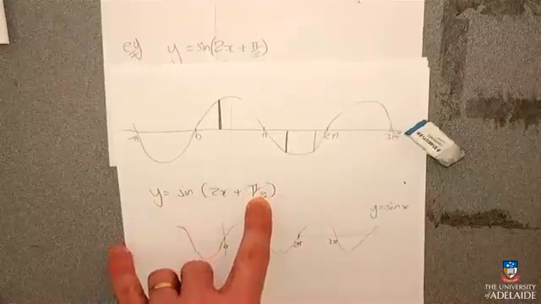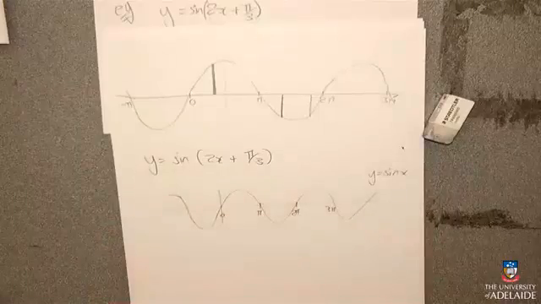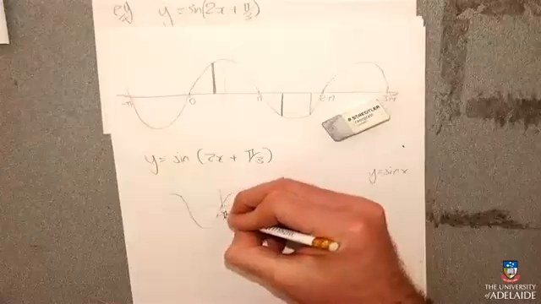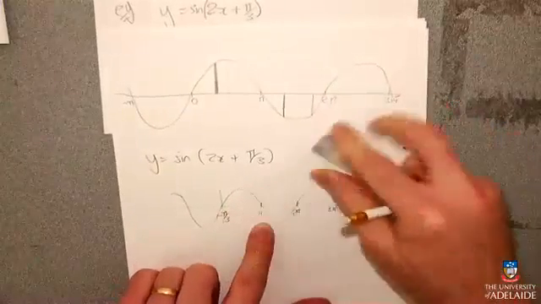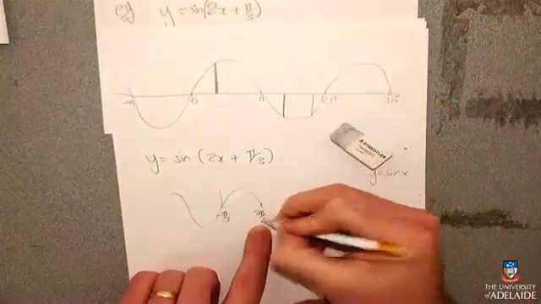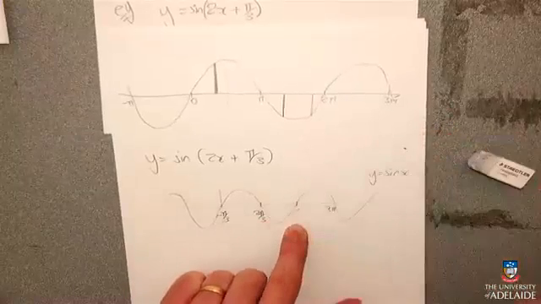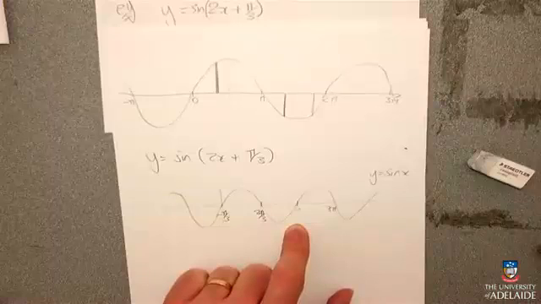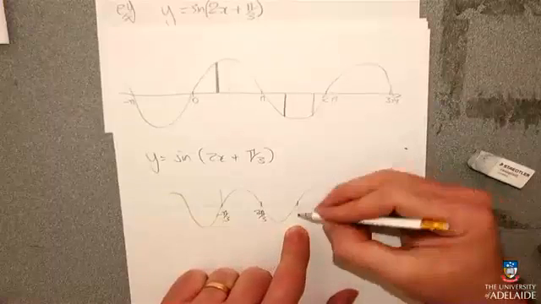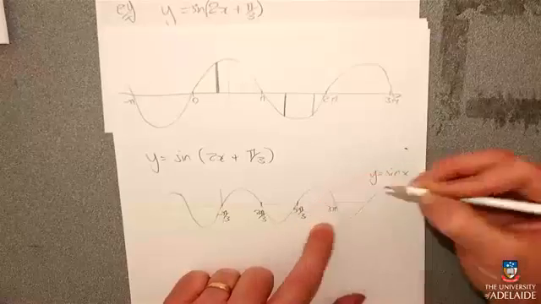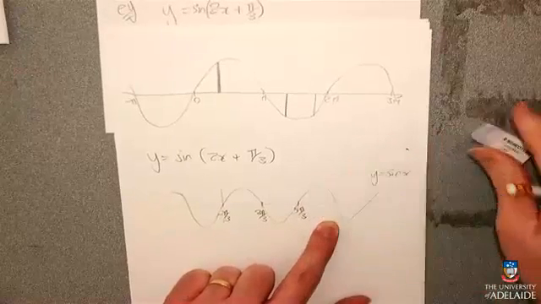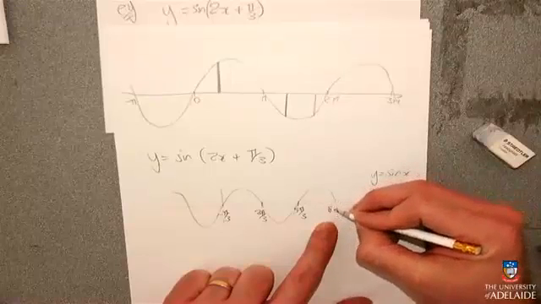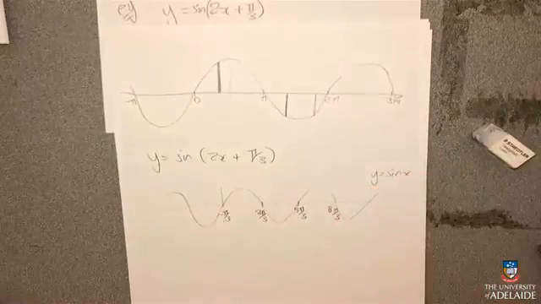So I need to subtract pi on 3 from all of these x values. So this 0 here becomes minus pi on 3. And this pi becomes 2 pi on 3. And this 2 pi becomes 2 pi minus pi on 3, which would be 1 and 2/3 pi, which would be 5 pi on 3. And this becomes, I guess we're going to add a pi, aren't we? 8 pi on 3. Okay, so everything gets a pi on 3 subtracted.